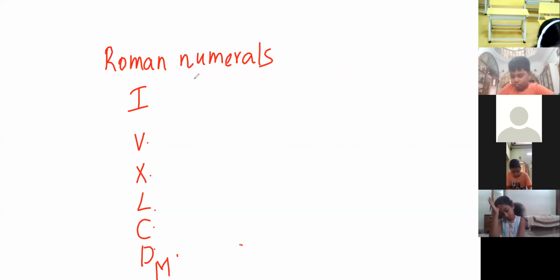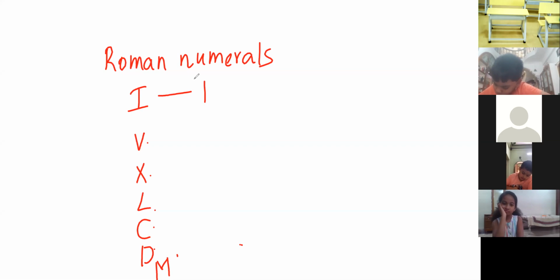So let us know the values of these letters. They used these 7 letters as the basic symbols to represent numbers. What is the value of I in our Hindu Arabic numeral system? It's 1. The value of V is 5.